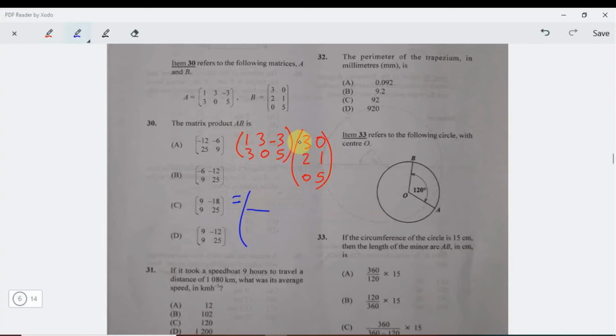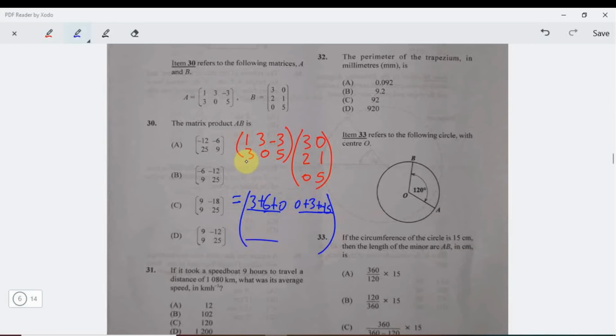It's 1 times 3, which is 3, plus 3 times 2, which is 6. Then negative 3 times 0, that's 0. Then the next element is going to be first row by second column. 1 times 0 is 0, plus 3 times 1 is 3, plus negative 3 times 5 is minus 15.